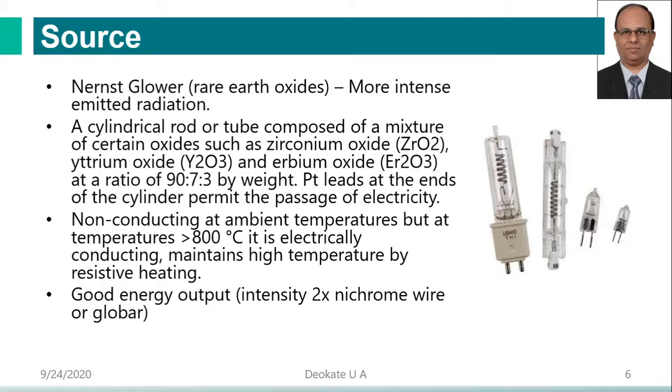Platinum leads are there on both ends of the cylinder, permitting the passage of electrical current. They are non-conducting at ambient temperature, but at a temperature more than 800 degrees centigrade, it is electrically conducting, maintaining the high temperature by resistive heating.